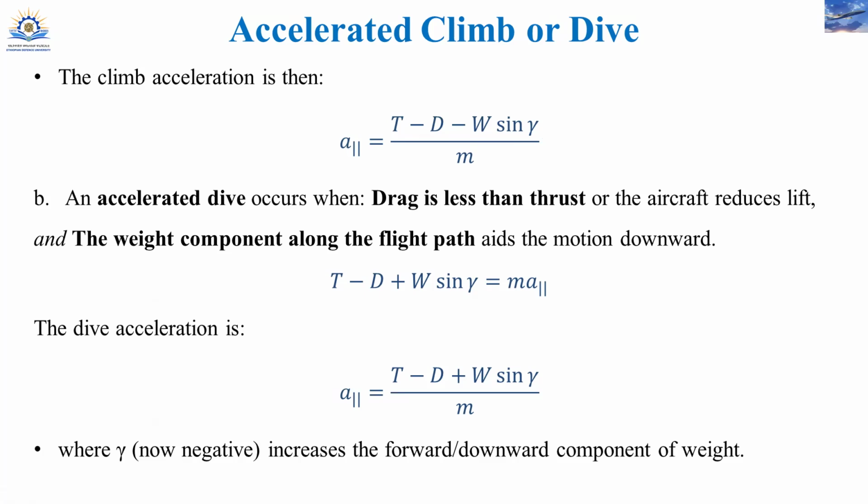Weight sine gamma and weight cos gamma. So the sine gamma part is along the flight path. You see, weight sine gamma is along the flight path. So thrust is there, drag is here. So thrust minus drag. This is in the drag direction, right? Minus weight sine gamma equal to mass times acceleration along the flight path. That is the meaning.